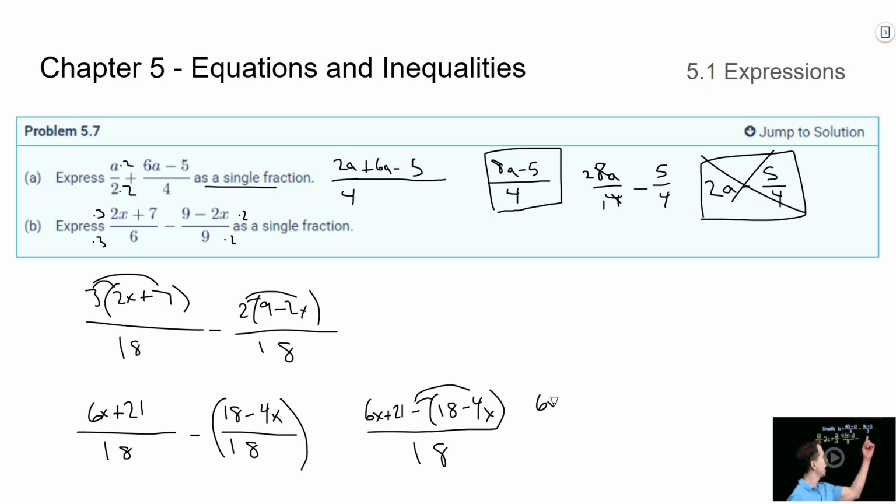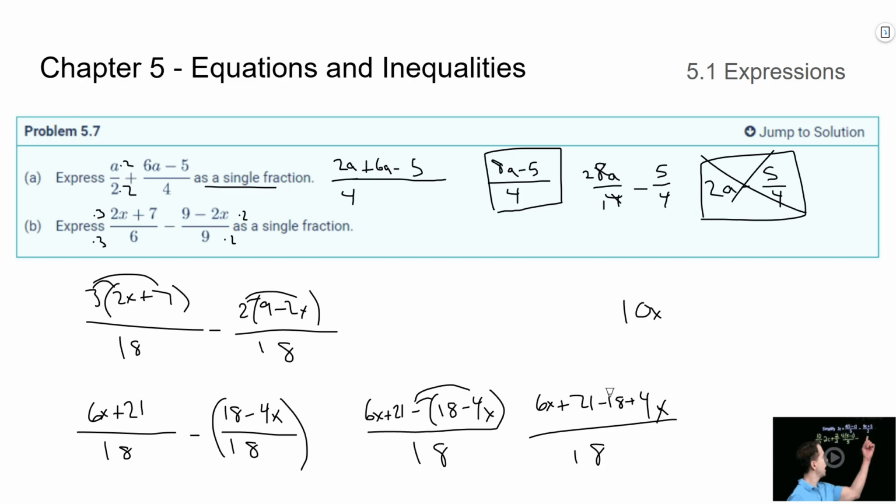So that becomes 6x plus 21 minus 18 plus 4x over 18. Okay, now we can combine like terms. And so we have a 6x and a 4x, that's 10x. I like to put my variable terms first. That's pretty common to do.